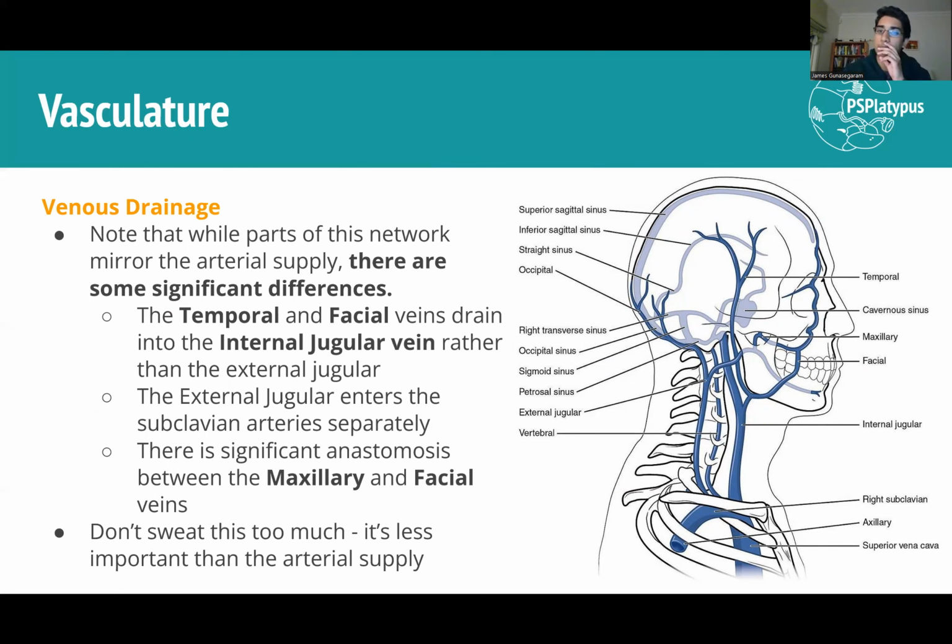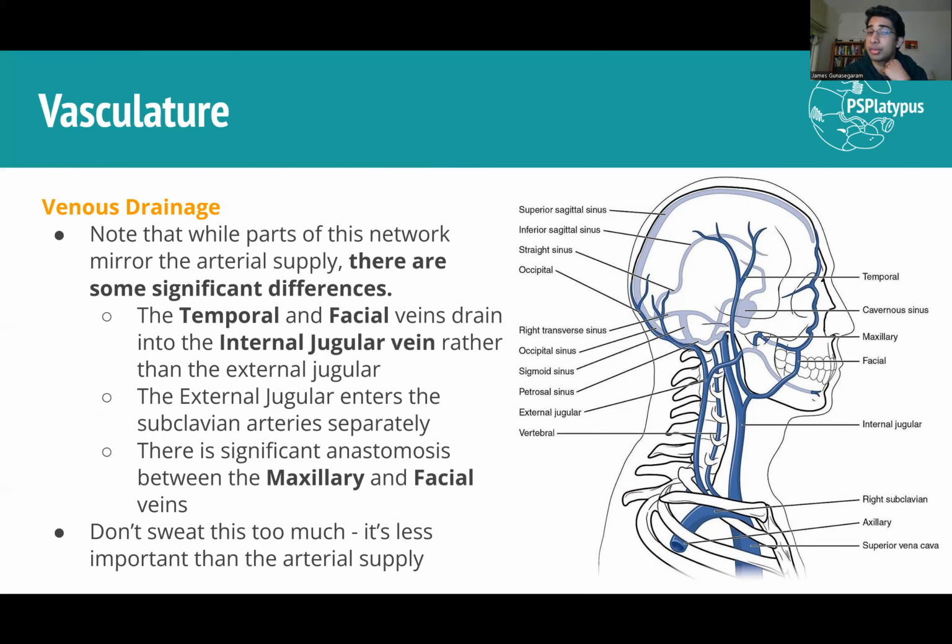So at the top, instead of having everything come to our external jugular vein, your facial vein and your temporal vein, which do follow the facial artery and the temporal artery pretty well, they don't go to the external jugular vein though. So instead they go to our internal jugular vein and they flow down through there into your sort of SVC subclavian area.